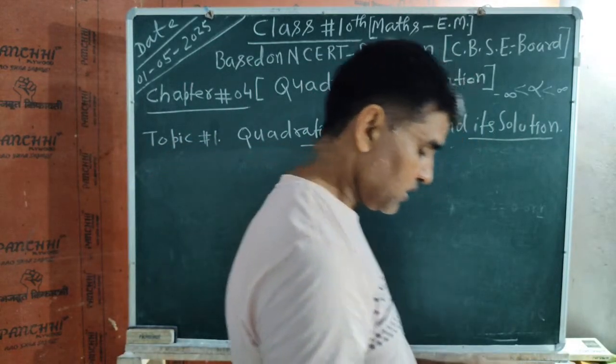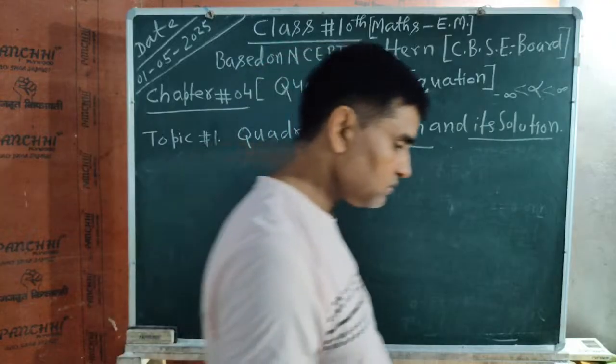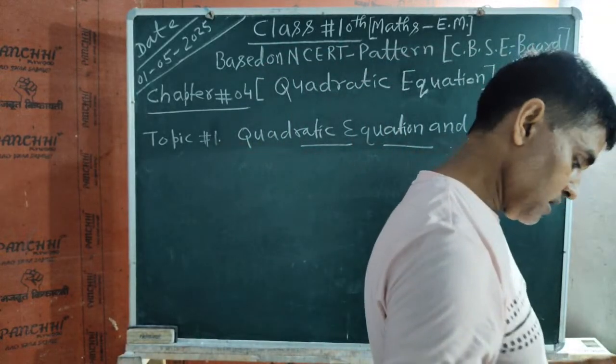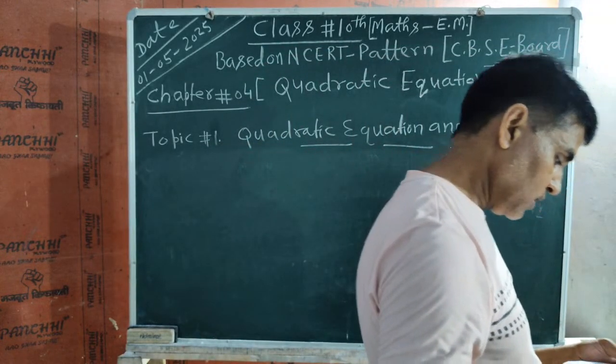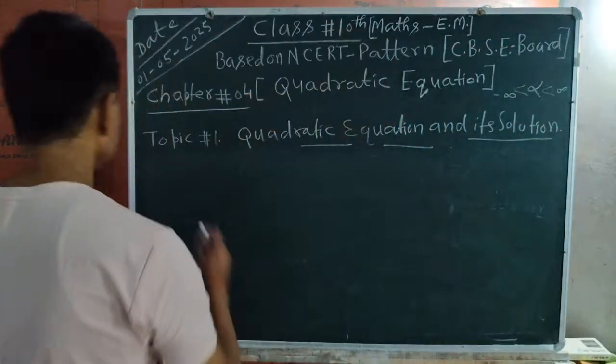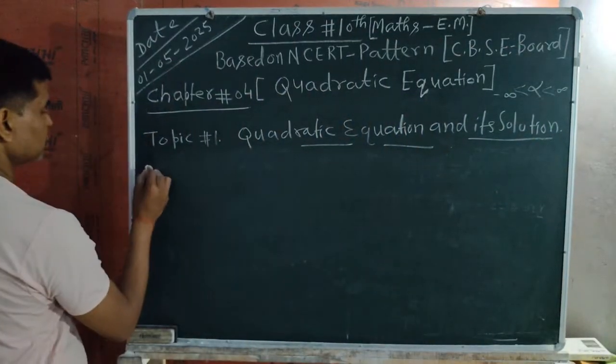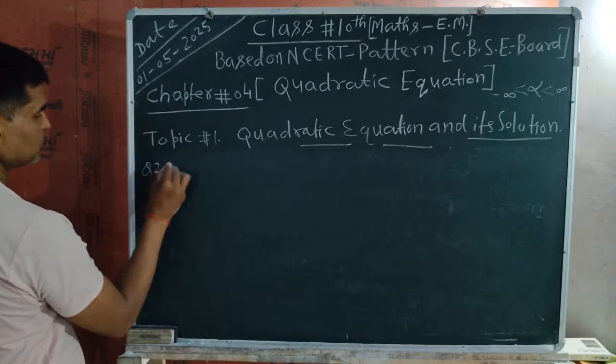Okay, student. Now here one question is written, that is, there is an identity, this is equation number 2.